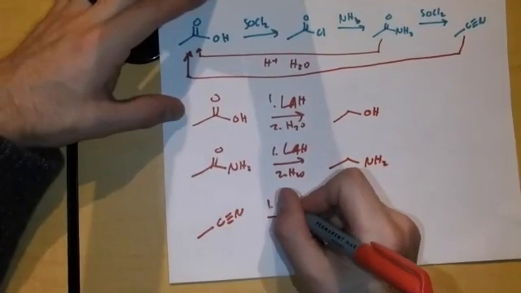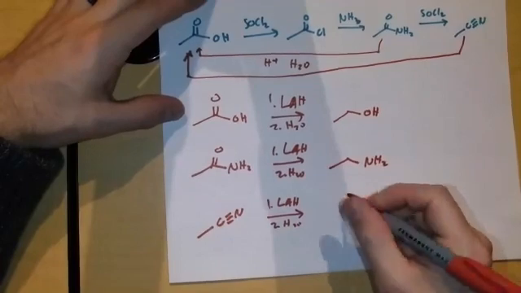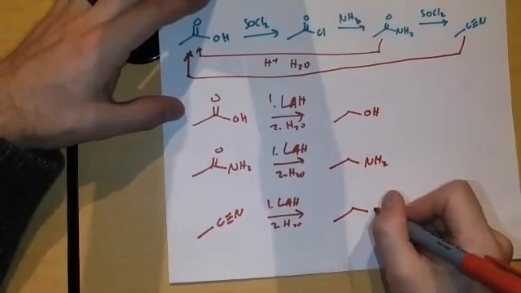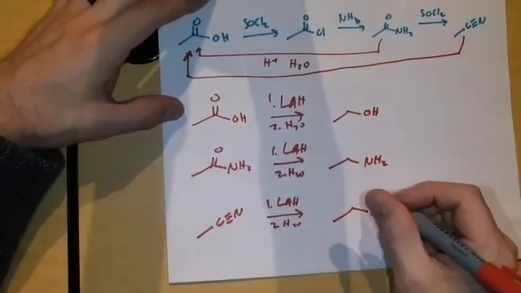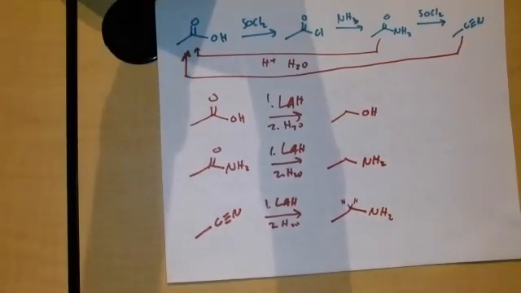You reduce off your triple bond and also form an amine. So these are two ways to form an amine. Both of them are just LAH doing a reduction, getting rid of some amount of double bonds to give you that product.